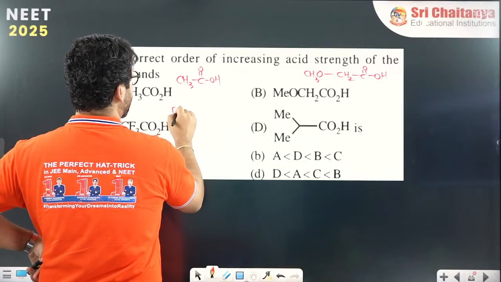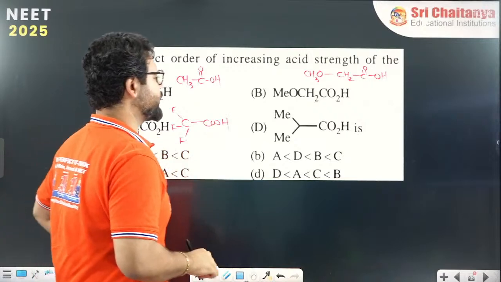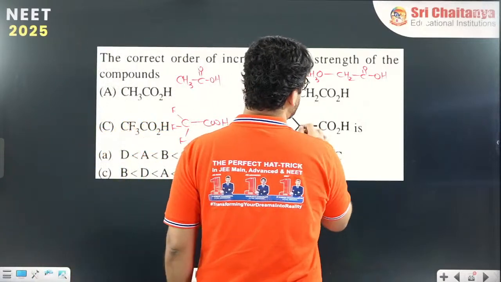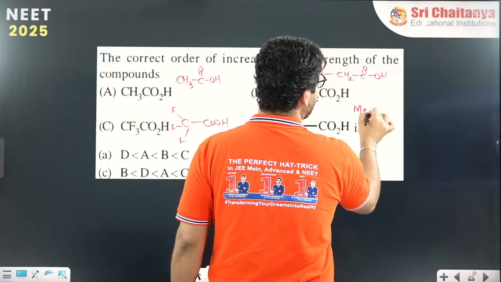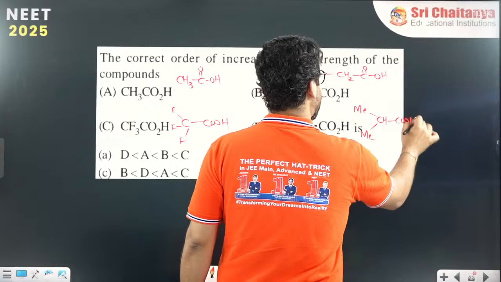CF3COOH, very good: three minus I groups attached to the second position. And two plus I groups attached to the second position: methyl, carbon, methyl, then COOH. So this is the worst.